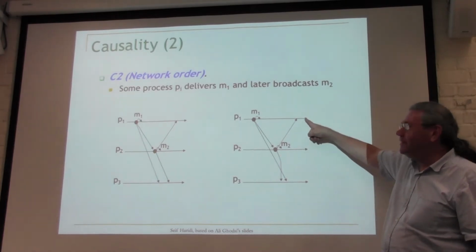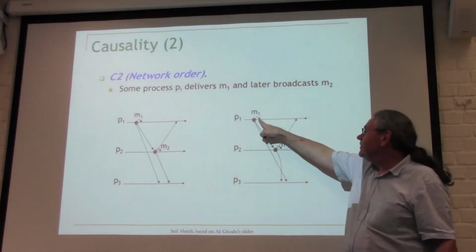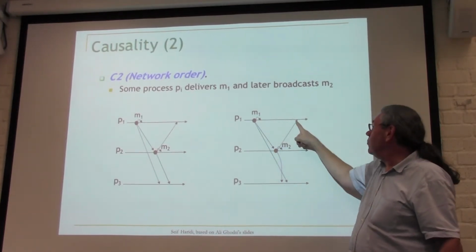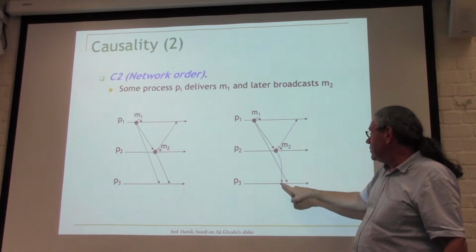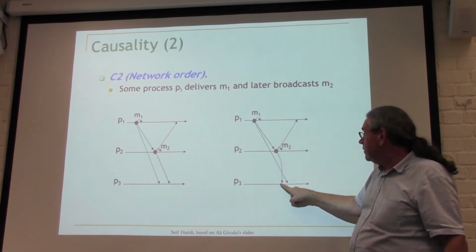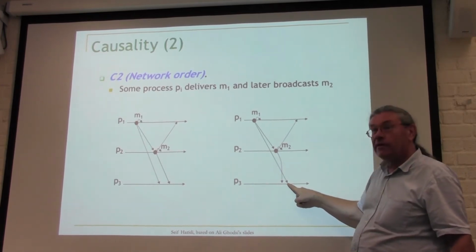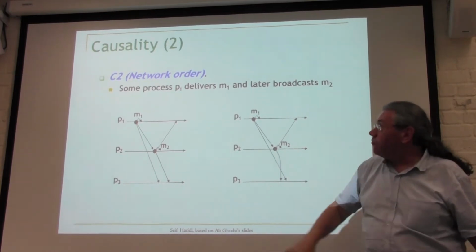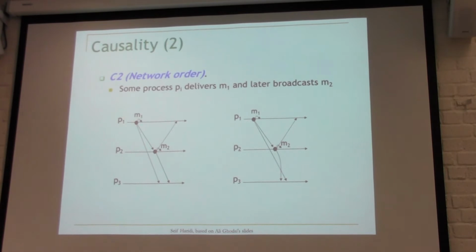What happens on P1? What's this? Delivery, M1 before M2. What's this? M2 before M1, which is not allowed. Which is not allowed, exactly. So in the scenario on the right, the network order is not satisfied.